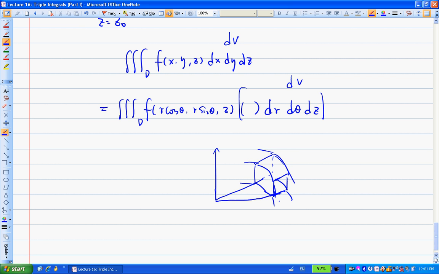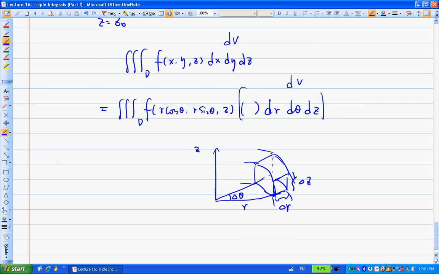For example, I can call this r, and this portion delta r. This portion can be called delta theta, a small rotation. This is z, and the height here is delta z.